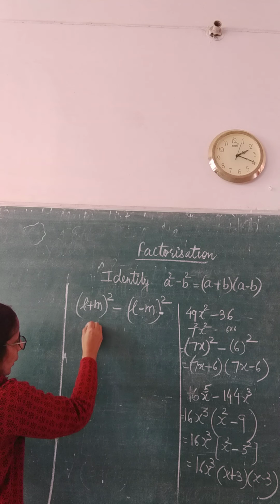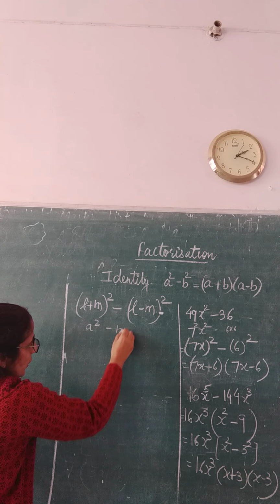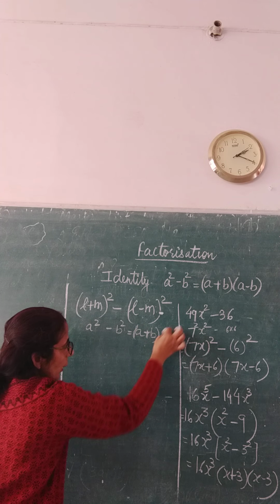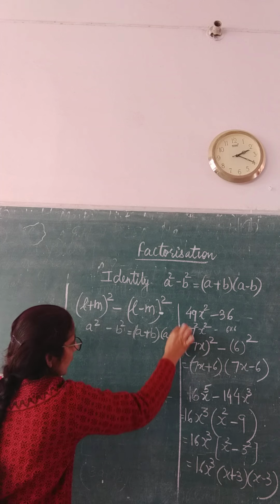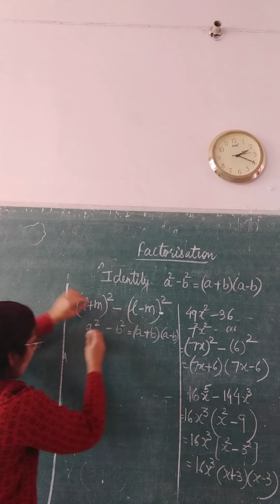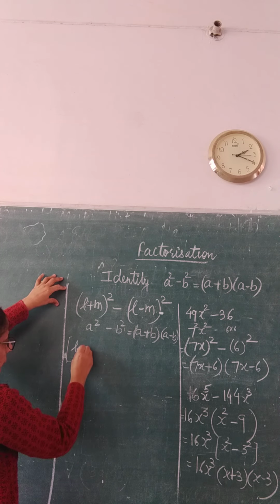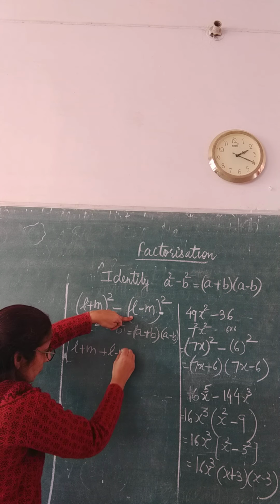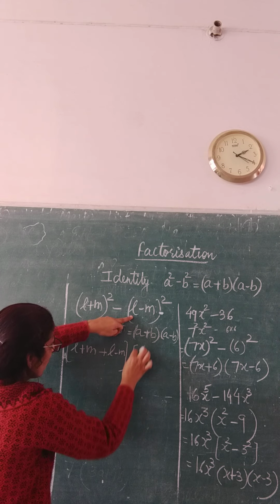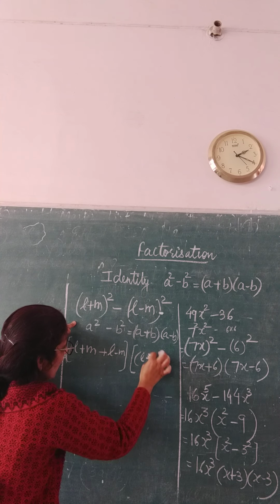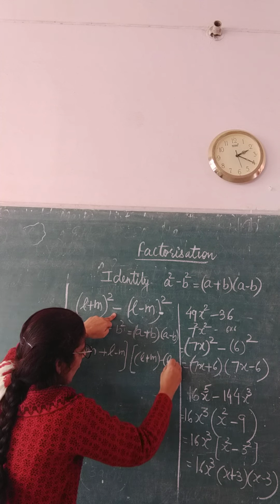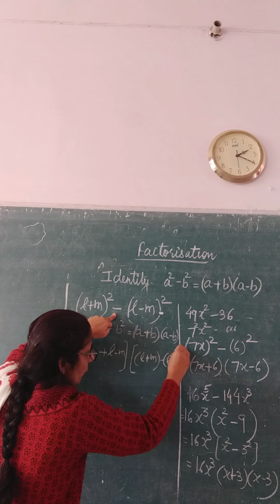If I am using A square minus B square is equal to A plus B into A minus B, it means L plus M added to L minus M in one bracket, and L plus M minus L minus M. Why have I put the bracket?